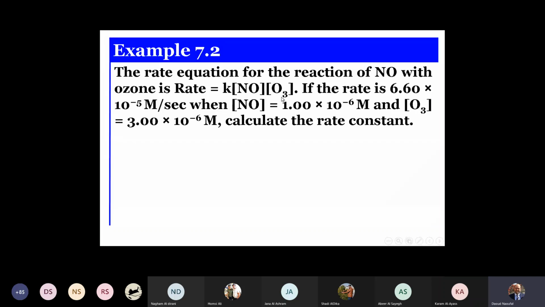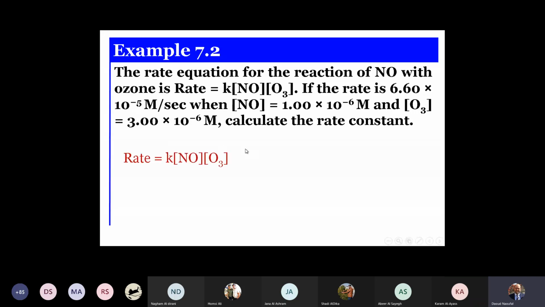The partial order with respect to ozone is equal to 1. And the global order of the reaction is 1 plus 1 equals 2. If the rate is 6.6 × 10^-5 molar per second, when NO equals 1 × 10^-6 and O3 equals 3 × 10^-6, calculate the rate constant.